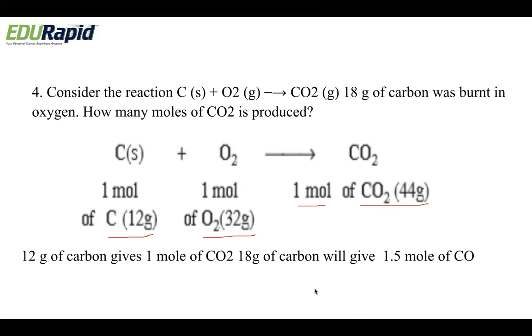This is how you have to calculate. So the standard is 12 grams of carbon will give you 1 mole of carbon dioxide. They are asking us 18 grams of carbon will give you how many moles? So when you cross multiply, you will get 1.5 moles of carbon dioxide. So 1.5 moles of carbon dioxide.